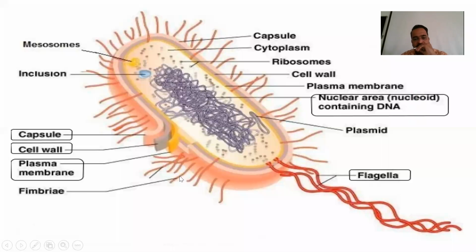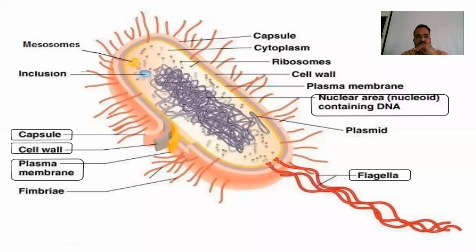It has fimbriae, hair-like structures, and you have mesosomes and other inclusions in the cell of the particular organism. This is how it looks under the microscope.